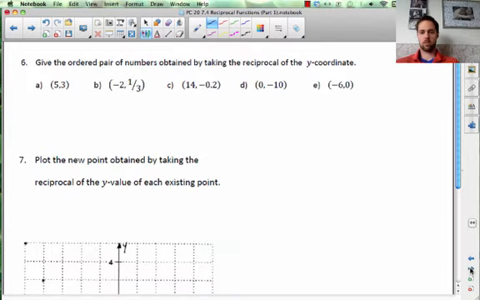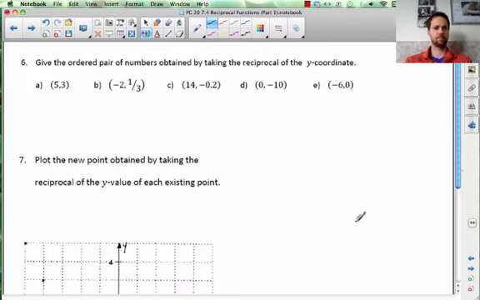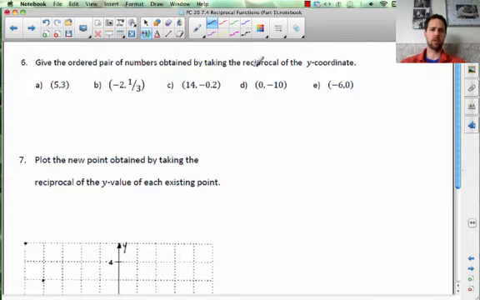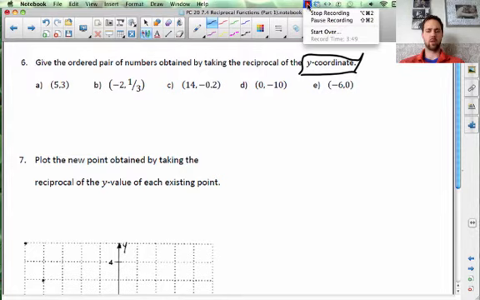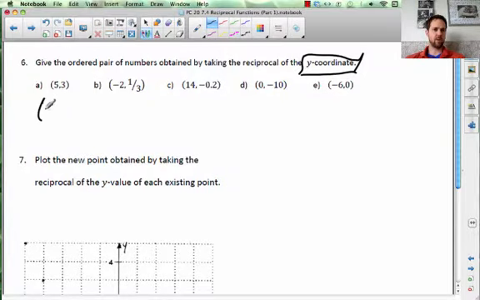So, moving on. Give the ordered pair of the numbers obtained by taking the reciprocal of the y-coordinate. So, we're only going to focus on the y-coordinate and change the y-coordinate to get the reciprocal coordinate. So, all of the x values are going to stay the same. So, this becomes 5 and 1/3.